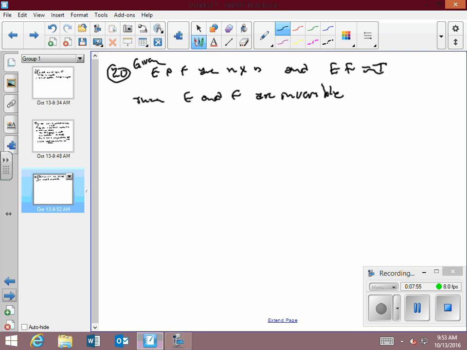If you look at the box at the bottom of page 114, notice that at the very bottom of that brown box it says, let A and B be square matrices. If AB equals I, then A and B are both invertible with B equals A inverse and A equals B inverse. So they're both invertible.